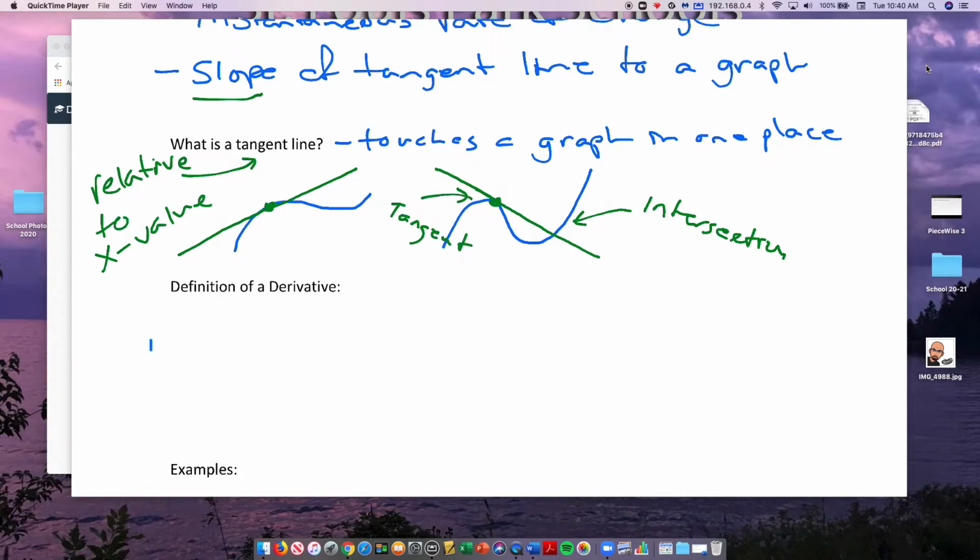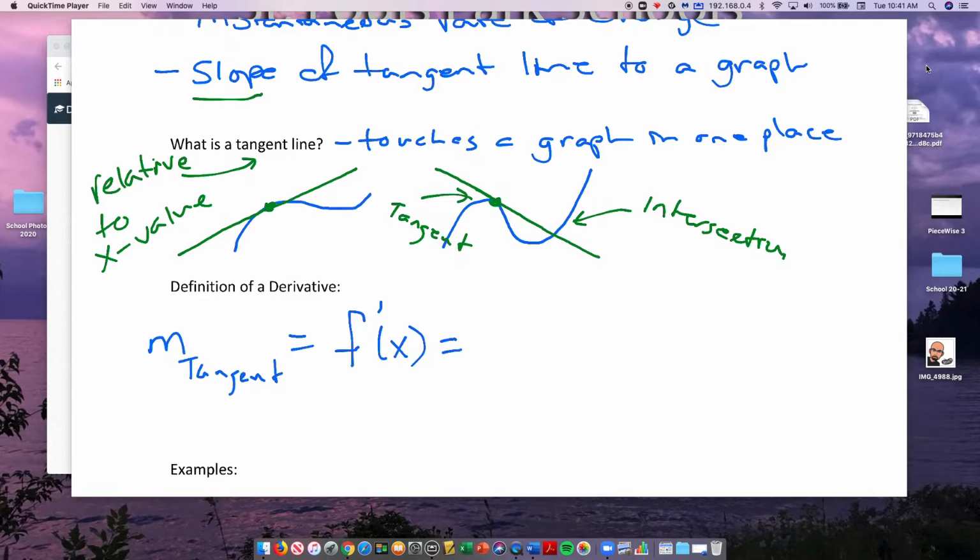We could say it's the slope of a tangent. We could also use this idea of f prime of x, where that little apostrophe just stands for prime, and that's the notation for a derivative.